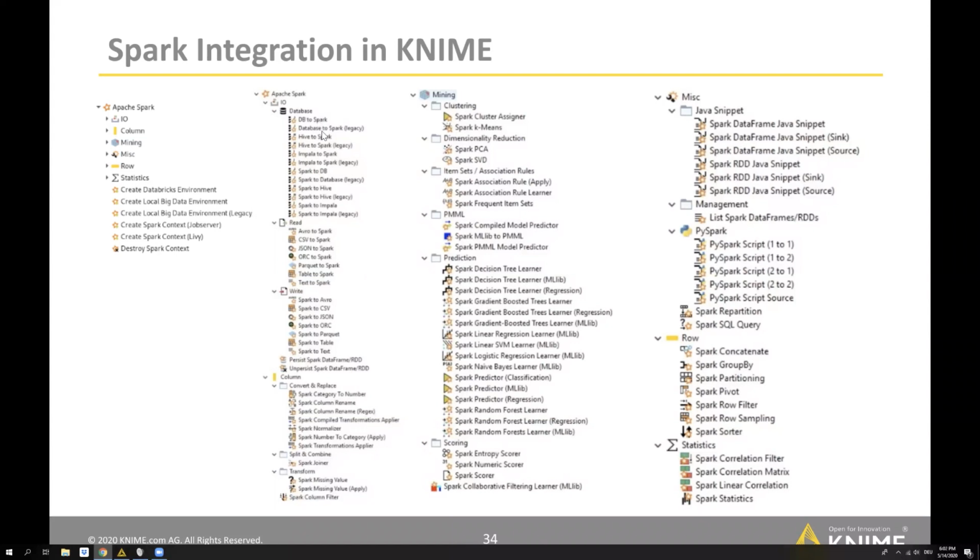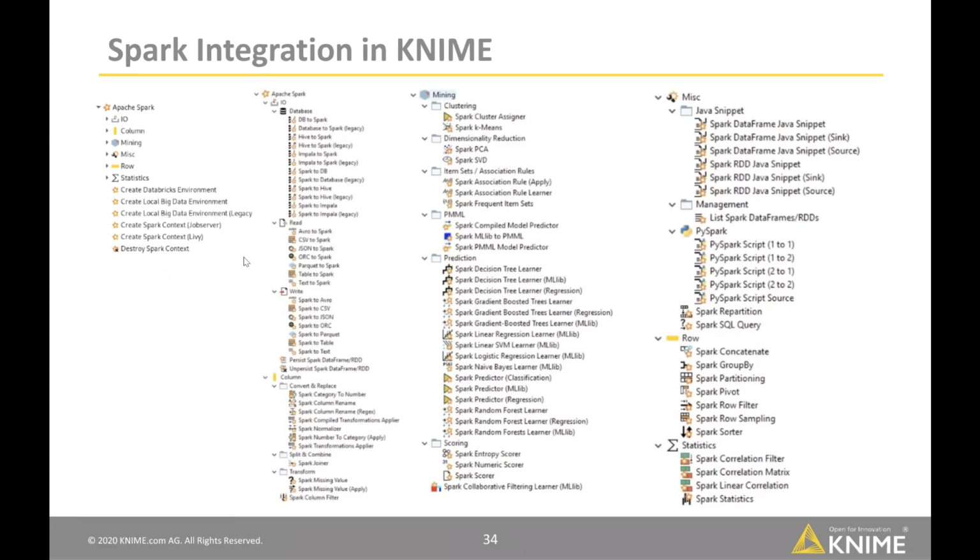Also, you can read data from databases such as Hive, Impala, or also standard JDBC databases. This is what the DB to Spark node does. On the left-hand side here are the various ways of connecting to a Spark cluster.